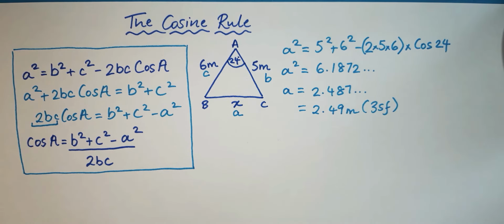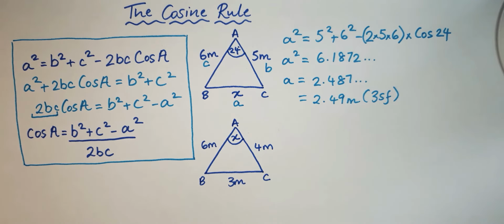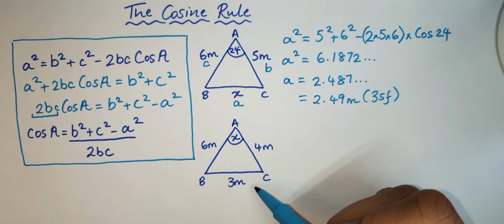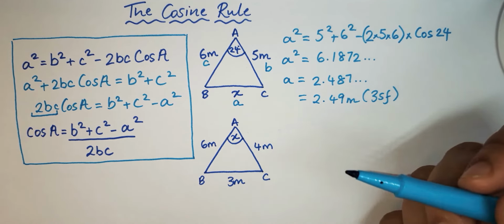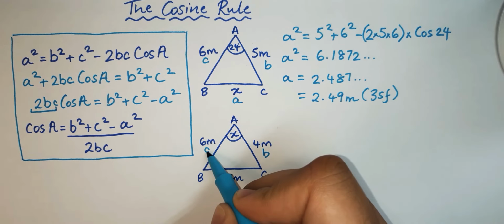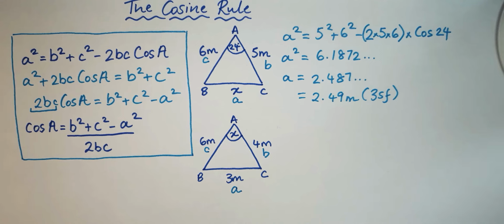Now the second example is very similar, but this time we're looking for a missing angle. So here we can see that the angle is missing, and as always we just need to label our triangle. So the corners have already been given, which makes it extremely easy for us because we can just say this one is small a, this one's small b, and this one is small c. So all we have to do again is very simple, just put the numbers into this formula.